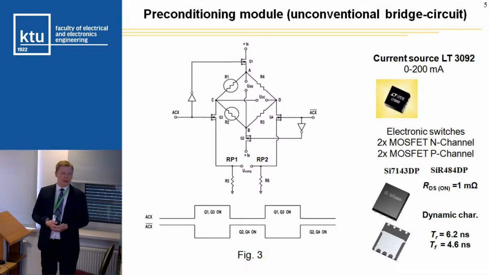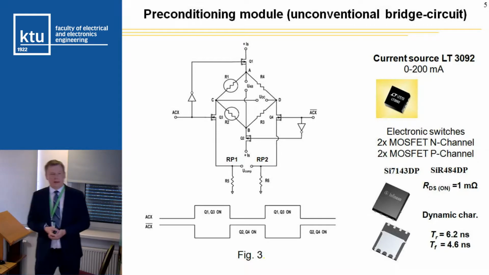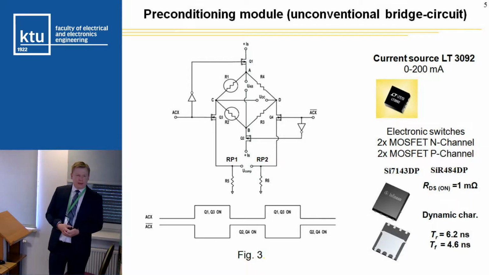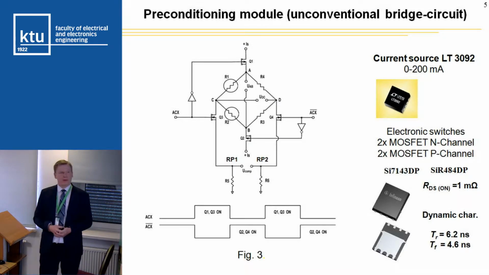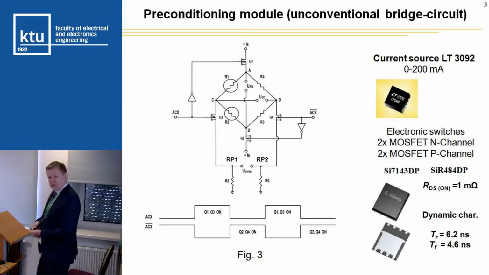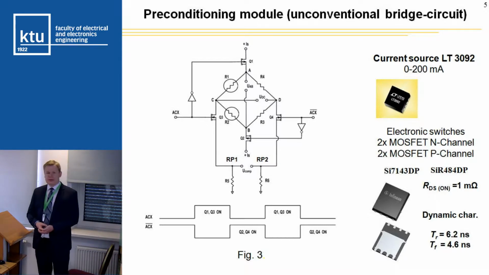And the idea is to switch on and switch off the transistor keys, and to measure two voltages on the diagonals of this bridge. And as you can see, the keys are quite fast.